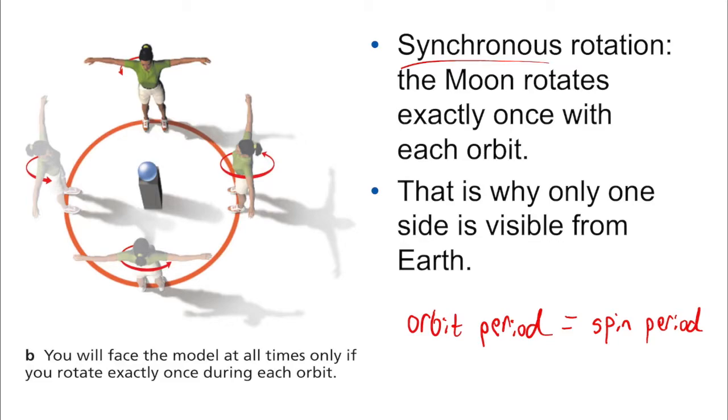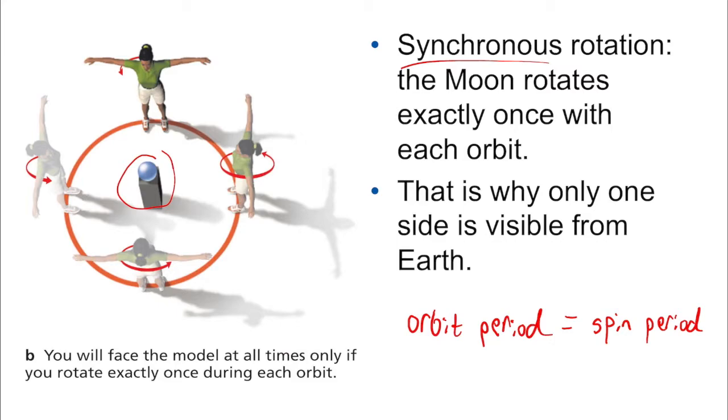And you can imagine doing that, right? Like, look at this person here, acting like the moon. They spin at a really slow rate as they walk around this central pillar. And in doing so, they ensure that only their front side faces the pillar.